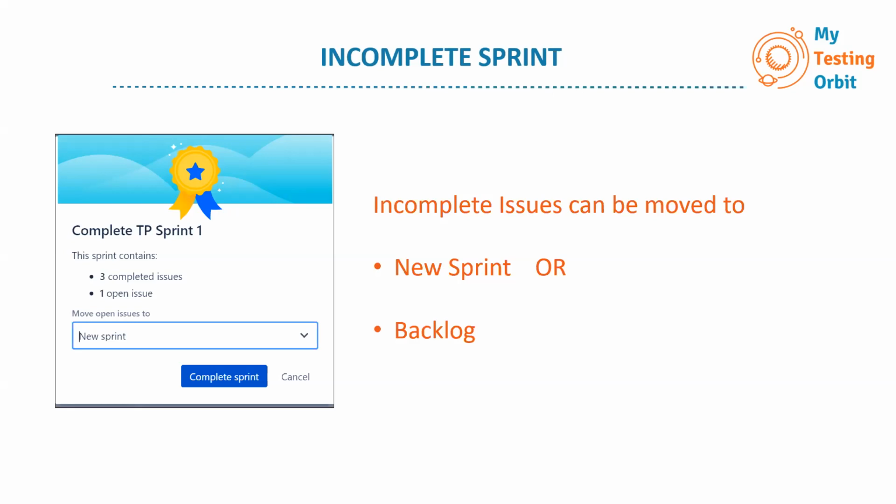Then the product owner can prioritize that user story as compared to the other ones, and it may be taken up in any future sprint. So these are the 2 things which I wanted to show, what happens if a sprint is not complete.